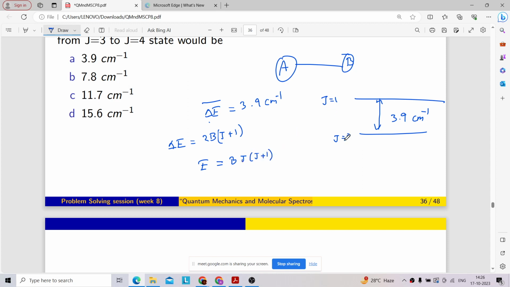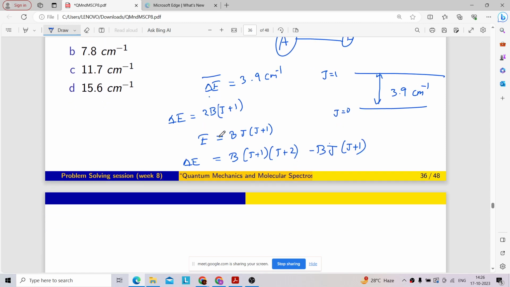So if there is a transition between adjacent levels, the delta E will be B times J plus 1 into J plus 2 minus B times J into J plus 1, right?